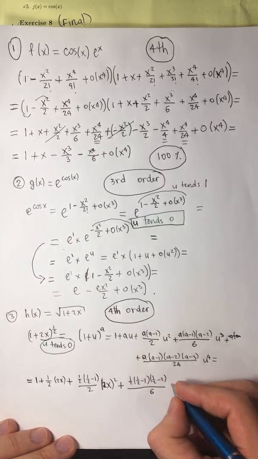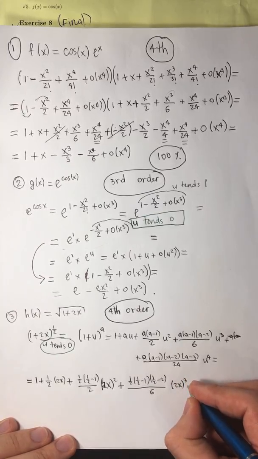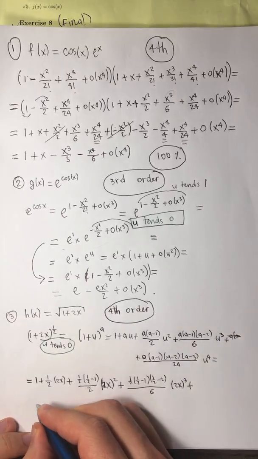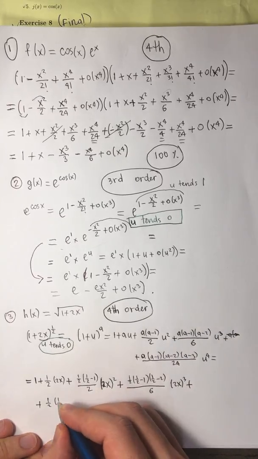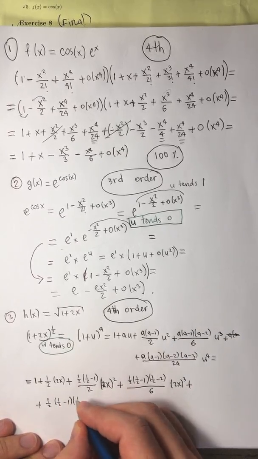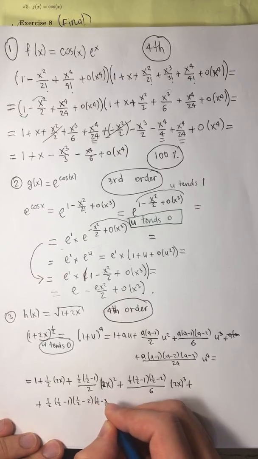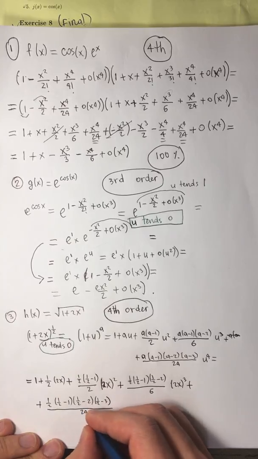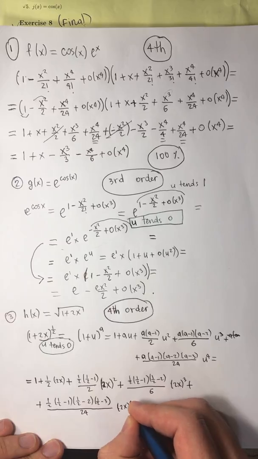Oh my god, I can't believe I'm writing this, but anyway, it's for you. Plus 1 over 2, times 1 over 2 minus 1, times 1 over 2 minus 2, times 1 over 2 minus 3, divided by 24. This is 2x to the 4.